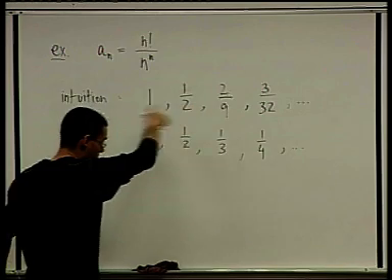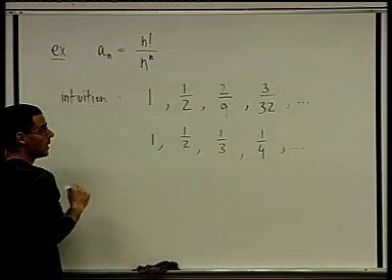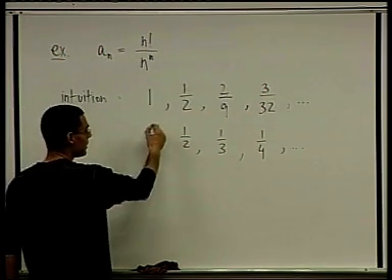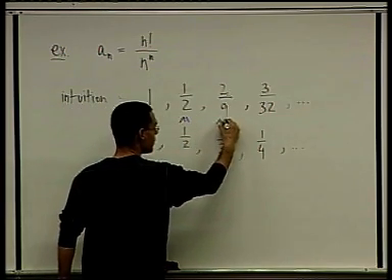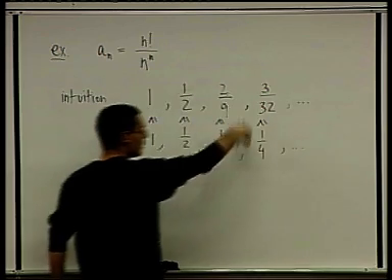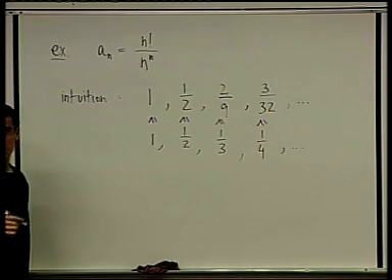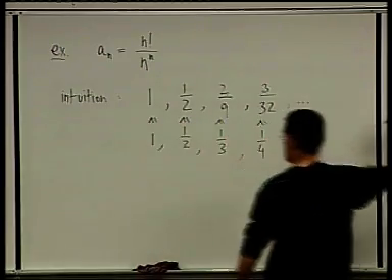This is our sequence, and this is 1 over n. Do you agree that you kind of see that for all elements, they're less than or equal? Do you see that? And it gets more obvious if you write more elements.